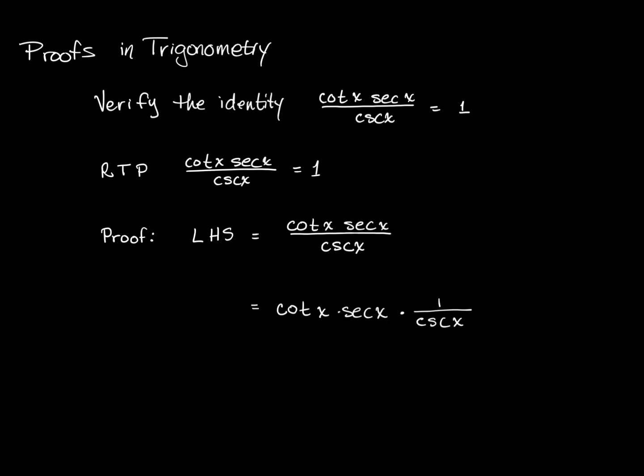Now I can start playing around with each of the three pieces here. The cotangent of x can be written as cosine of x over sine of x. Secant of x can be written as 1 over cosine of x. And 1 over cosecant of x is sine of x.